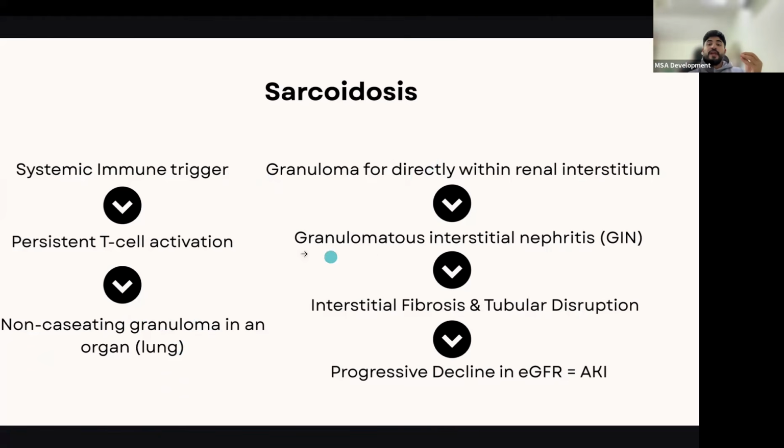The minute it happens, you're going to have granulomatous interstitial nephritis, which will lead to fibrosis and tubular disruption, leading to acute kidney injury. So it's basically granuloma depositing in your renal interstitium, which will lead to it being fibrosed and dysfunctional, and this will lead to very low levels of GFR.